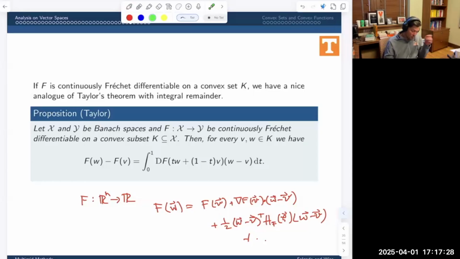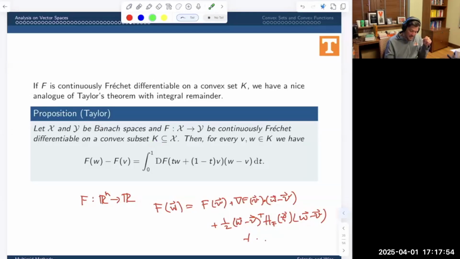And we can write a version of this, in this case, that involves an integration. I'm not going to write that out, but basically it looks exactly like this, right? So this is Taylor's theorem with integral remainder if I'm only assuming that f is continuously Fréchet differentiable.